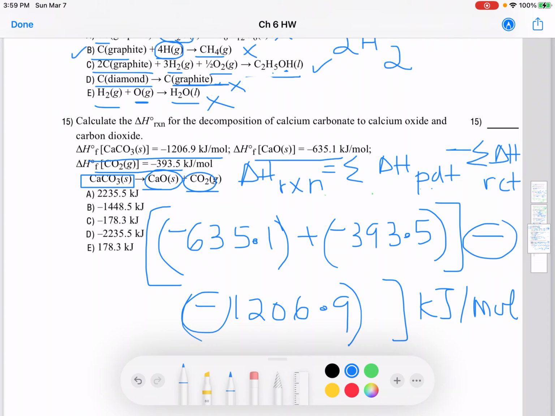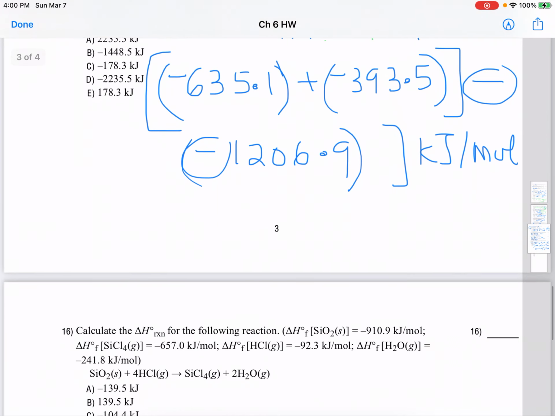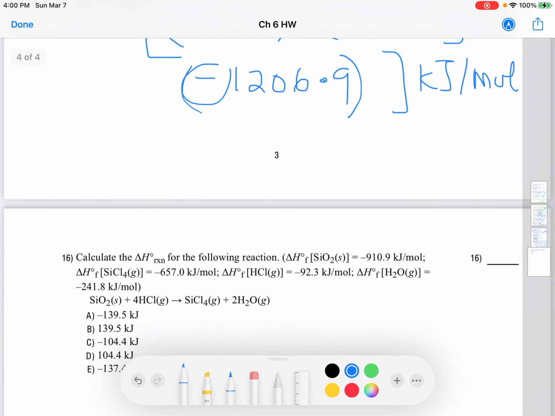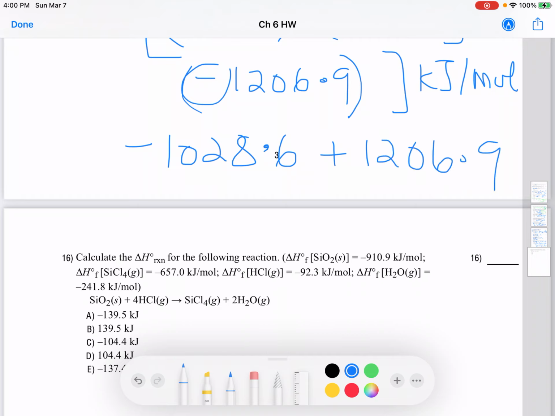Those are going to be all negative, 1028.6. Okay. And then you have a negative term. Negative will make it positive, 1206.9. That will give you the answer in kilojoules per mole.